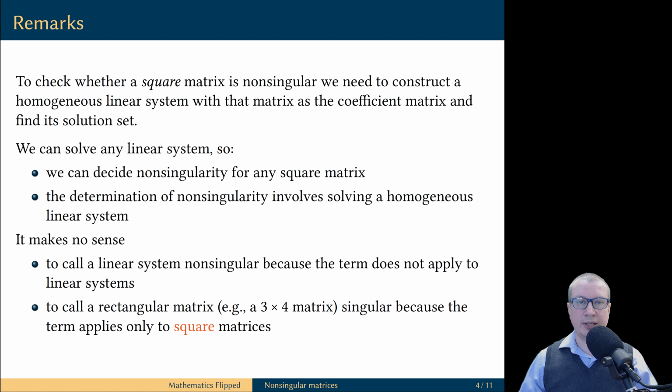Please be careful in applying proper terminology. For example, it makes no sense to call a linear system non-singular because this term applies only to matrices. Also, you cannot call a rectangular matrix singular because the terms singular and non-singular apply only to square matrices.